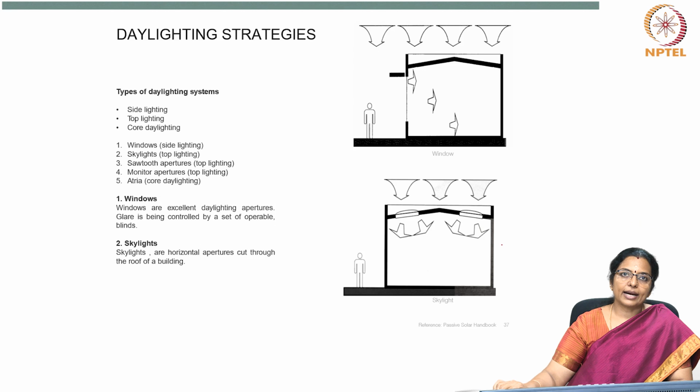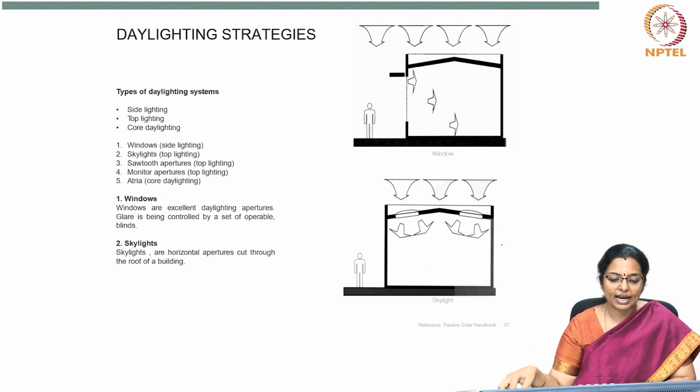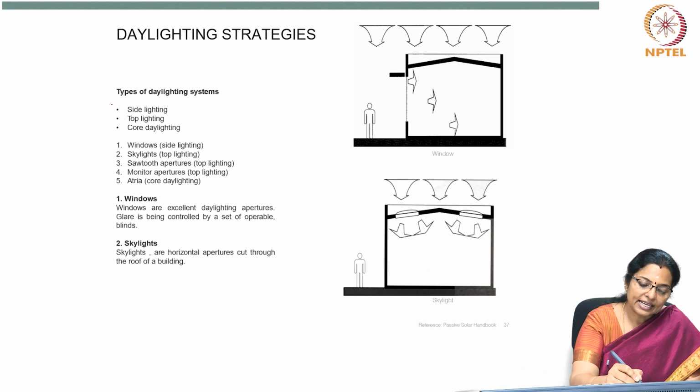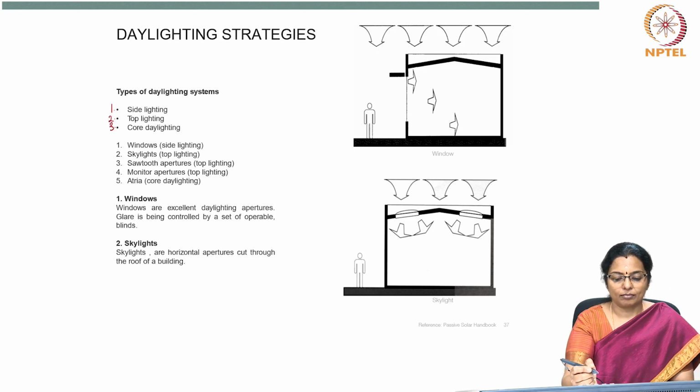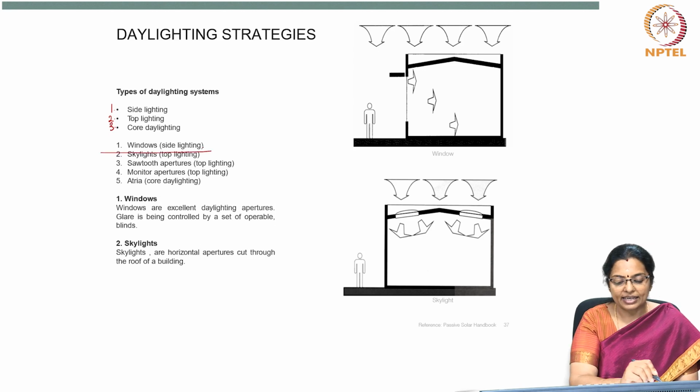Let us now look at daylighting strategies. Now, how can we have daylighting inside a building? We can have daylighting through side lighting, top lighting, or core daylighting. Windows can function as side lighting. Skylights or top lighting can be used.